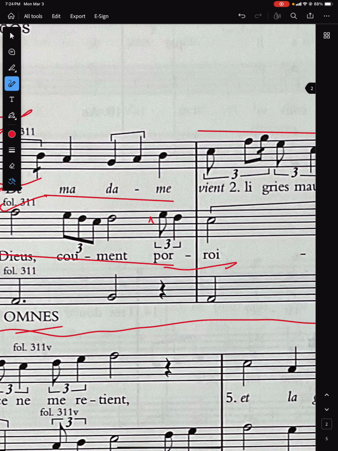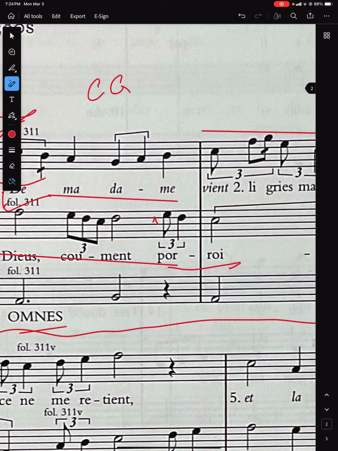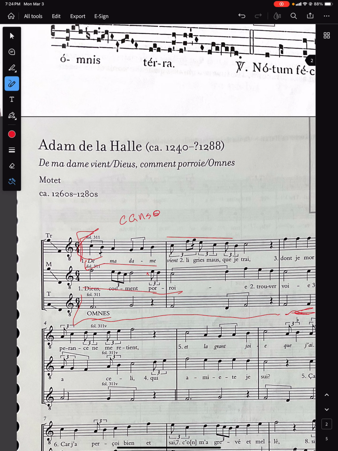From my lady comes the grievous pain which I will bear, and of which I will die, if hope does not keep me alive, along with the great joy that I have. What is this? Hopefully this sounds familiar. This is a canso. And that means trouvères, right? And here comes our old friend, Adam de la Halle, the greatest trouvère of all time, who studied at the University of Paris.